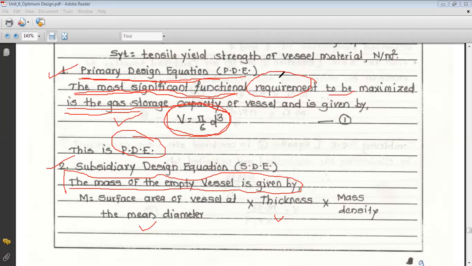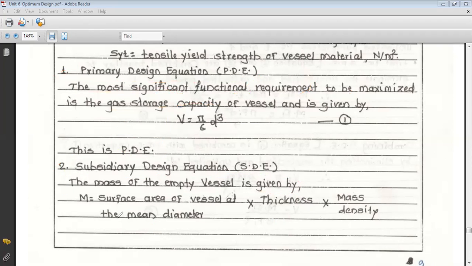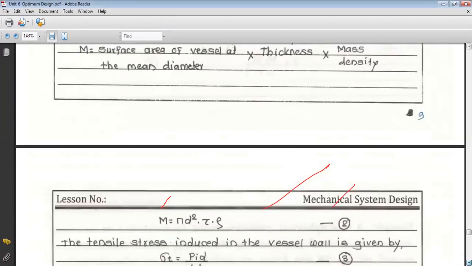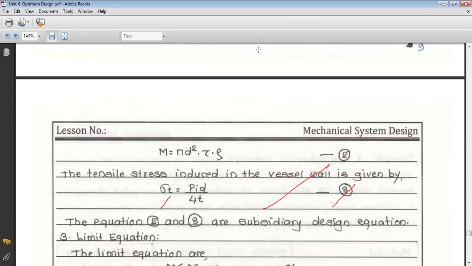So the mass M of the spherical vessel is given by the surface area, which is pi d square, into the thickness T of the vessel, into rho, the mass density.